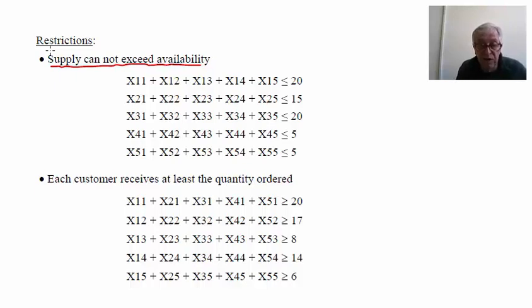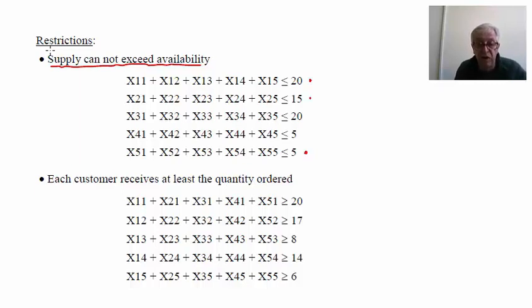So we just need to consider the lines of that matrix and the availability of each supplier. So first supplier can provide up to 20, second one 15, until the fictitious one that can provide 5. So these are the restrictions related with the supply side.